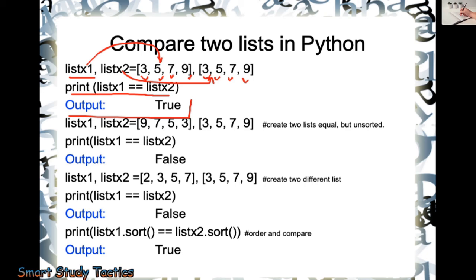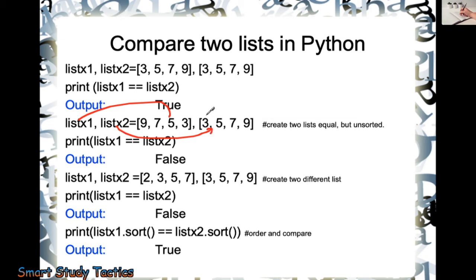Now let's see the next example with list 1 and list 2. Let me clear the screen. Okay, it is list 1, and it is list 2. Now you can see that I shuffled the values, which are not sorted. When you check this one, it will show you False. The values are similar, but shuffled.